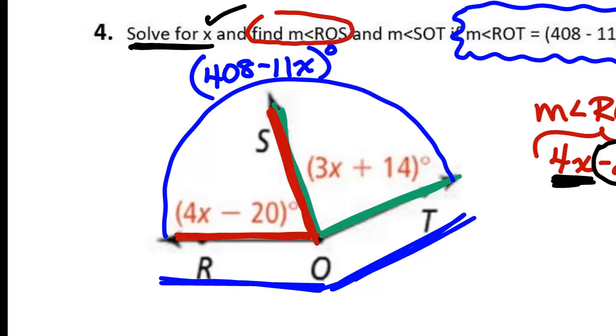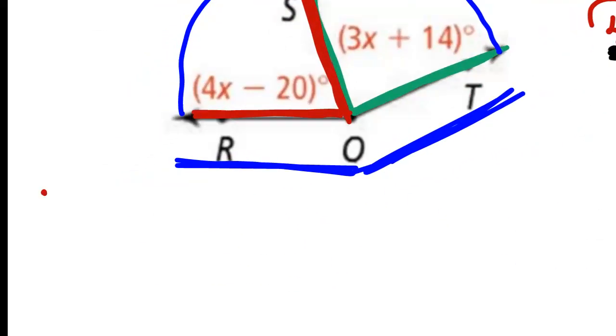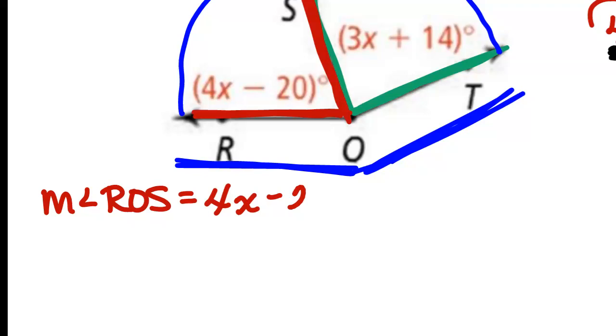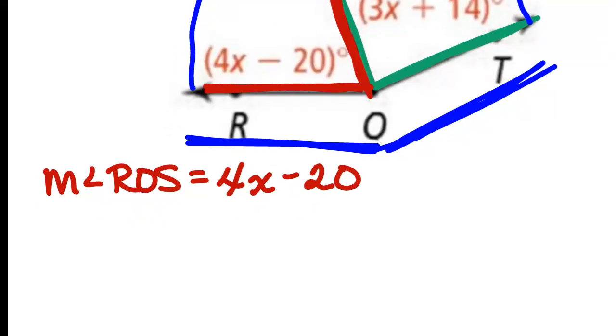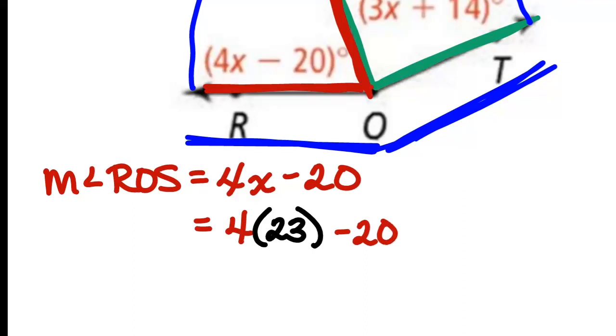ROS and SOT. So let's find ROS first. The measurement of angle ROS. How big was ROS again? 4x minus 20, and we just figured out that x is how big? 23. So I have 4 times 23 minus 20.